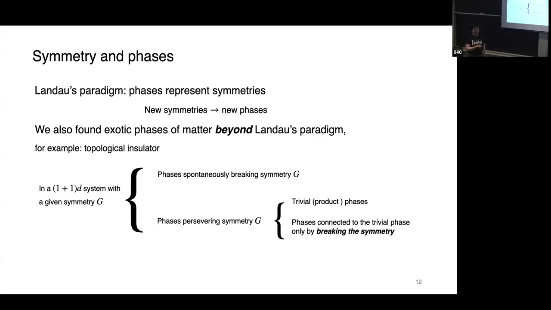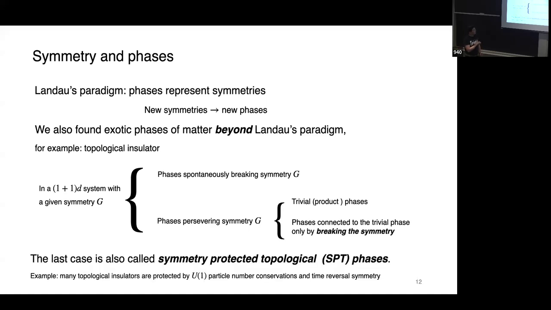If you allow some deformations that break the symmetries, they belong to the same phase. Therefore, we call them symmetry-protected topological phases. This is the one I'm interested in in this talk. And one application is that many topological insulators are protected by U(1) particle number conservation and time reversal symmetries.